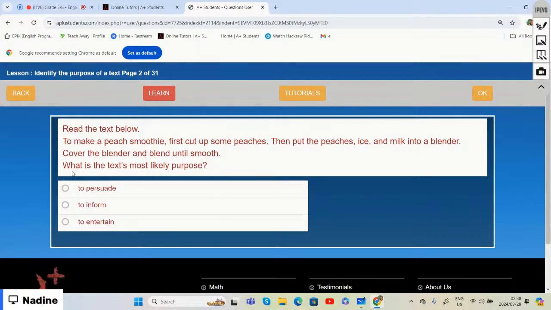The next one says, to make a peach smoothie, first cut up some peaches, then put the peaches, ice, and milk into a blender. Cover the blender and blend until smooth. What is the text's most likely purpose?